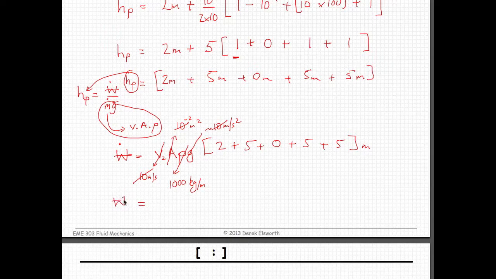So the power needed, the rate of doing work, is given by this magnitude here, which is just 1,000 multiplied by these individual terms. All of them, right? 2 meters plus 5 meters, the amount of energy taken to go into the pump itself on this large area, 5 meters and 5 meters.